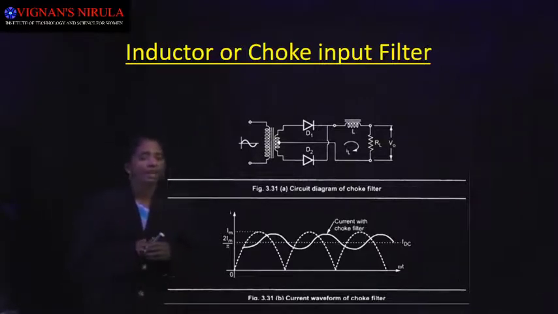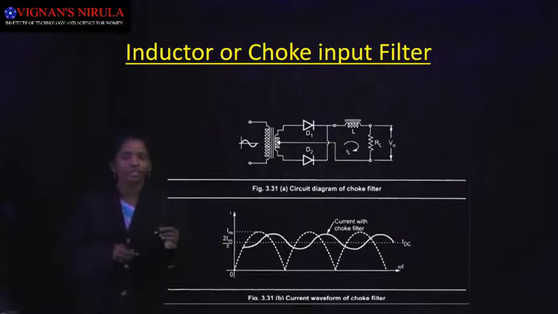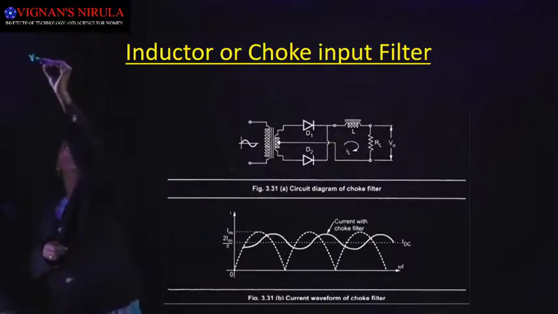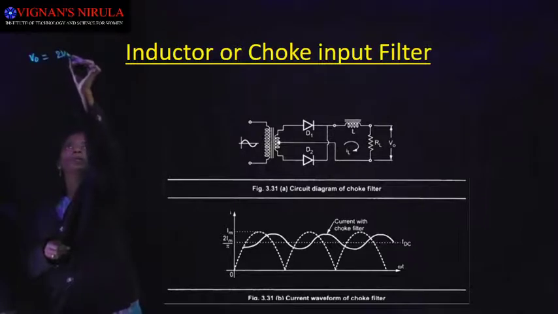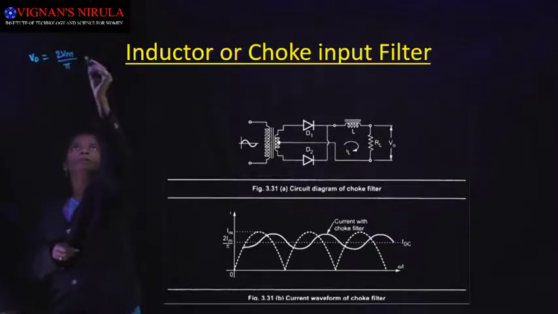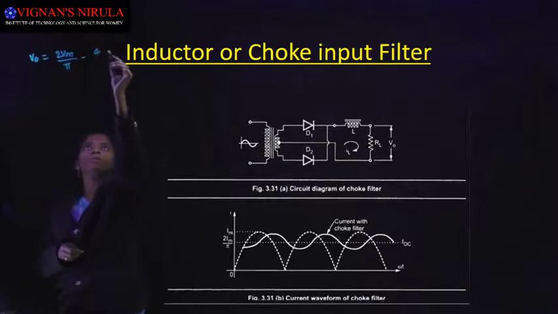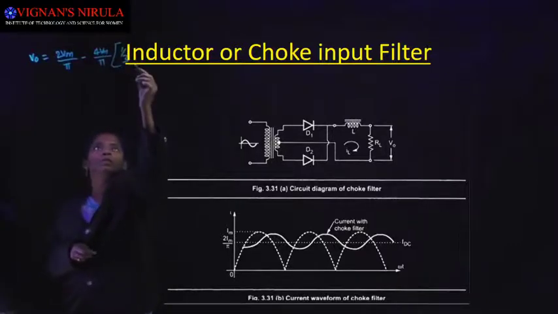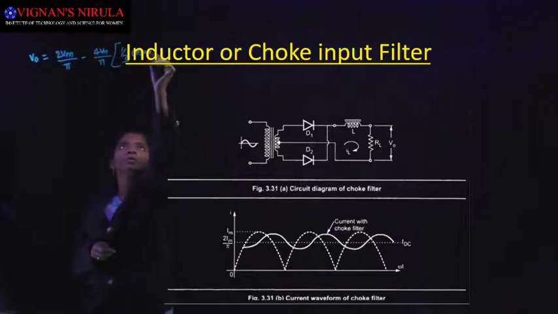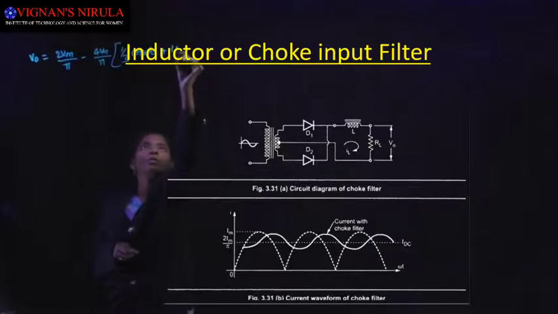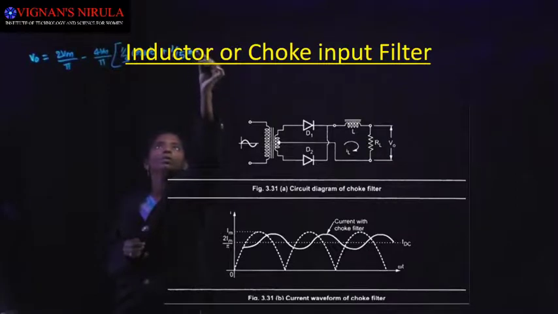The Fourier series equation is V0 equal to 2Vm by pi minus 4Vm by pi into (1/3 cos 2 omega t plus 1/15 cos 4 omega t, and so on).